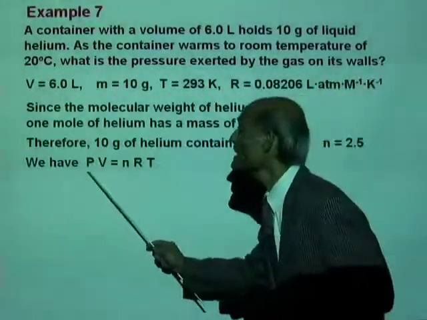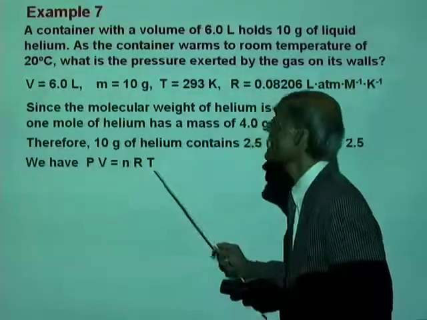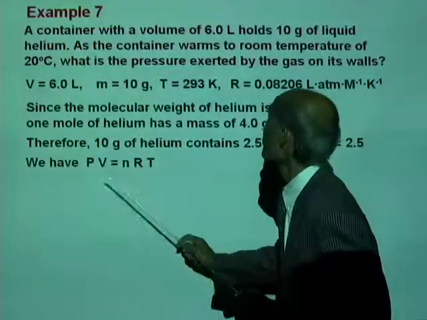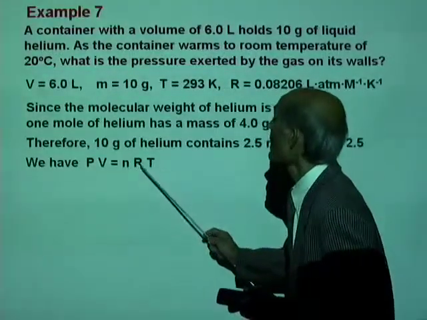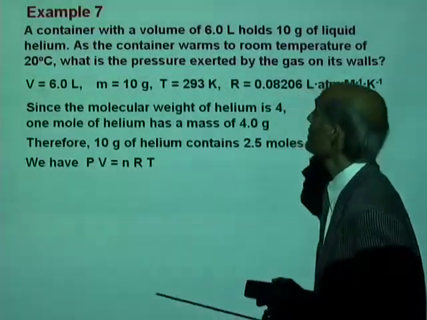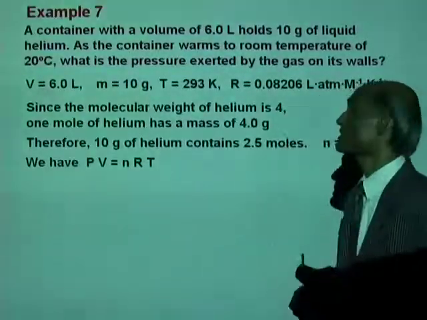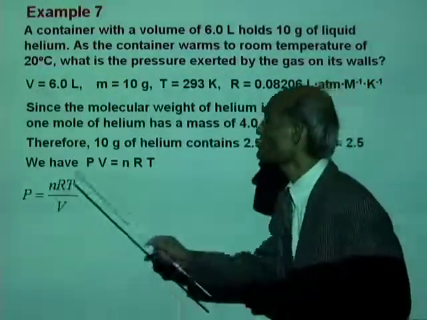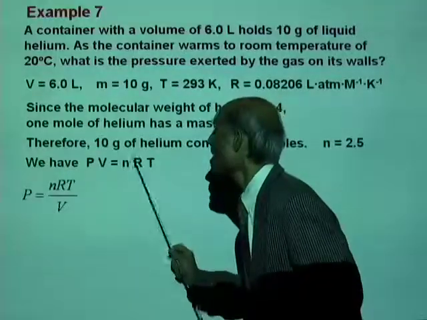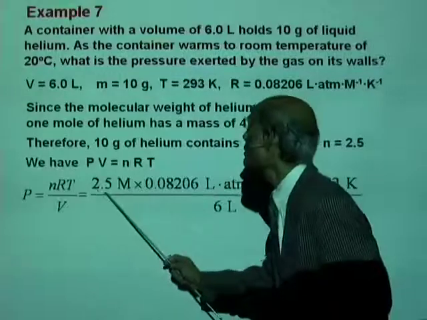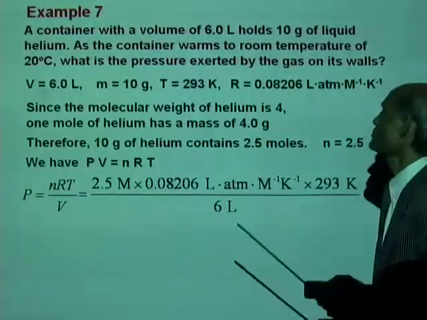Now we have PV equals nRT. We've got V, we've got n, we've got R, we've got T. We can find the pressure. What is the pressure exerted by the gas on its wall? Pressure equals nRT divided by V, and use all the given values.